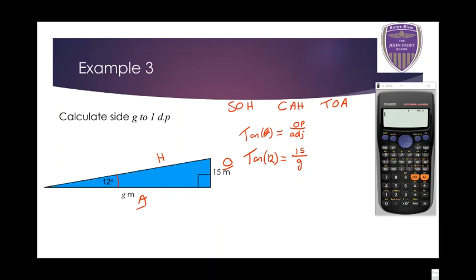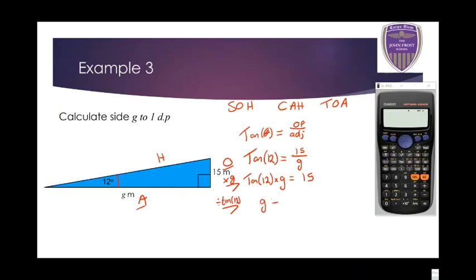We need to rearrange this now so we can get G on its own. Because we're dividing by G, we're going to pull G over to the other side of the equation, so we multiply both sides by G. So tan 12 times G is equal to 15. But now we want to get G on its own again, so we're going to get rid of this multiplied by tan 12 by dividing both sides by tan 12.